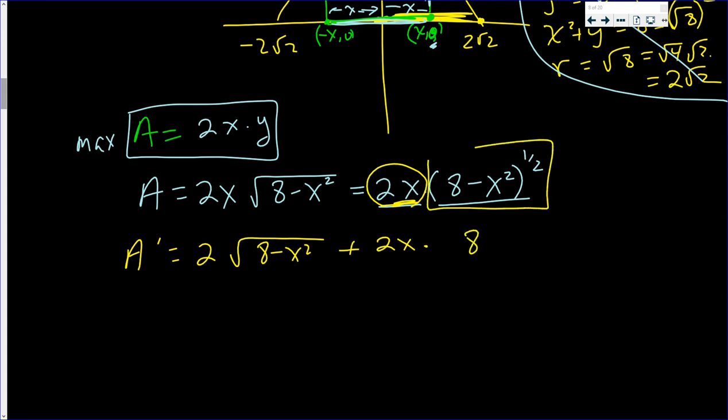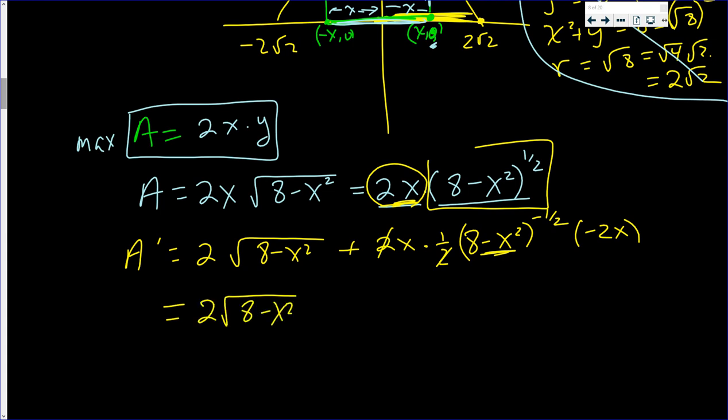If you have 8 minus x squared to a power, you bring down the power, make the new power 1 less, and don't dare forget to take the derivative of what's inside, which is negative 2x. Now, these 2's cancel. So you have 2 radical 8 minus x squared minus 2x times positive x is minus 2x squared, times this, but since it's a negative exponent, I can put it in the denominator.